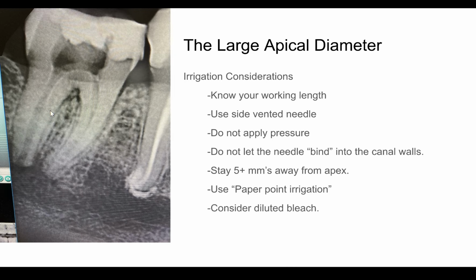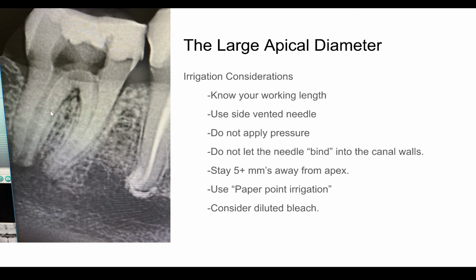Consider diluted bleach. There's lots of literature out there that says 3% sodium hypochlorite is as effective as 6%. Many of the articles that I've read do not adequately dissect out the difference between effectiveness when it comes to tissue dissolution and antibacterial effect.